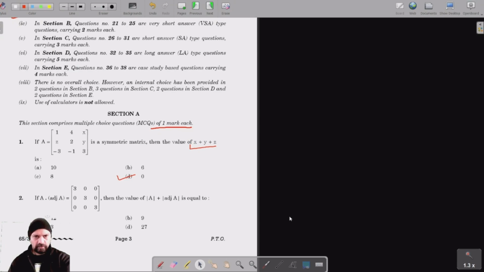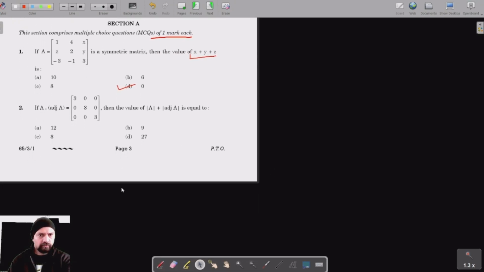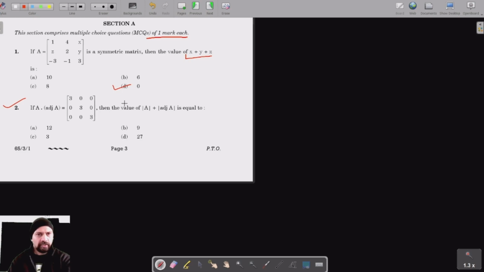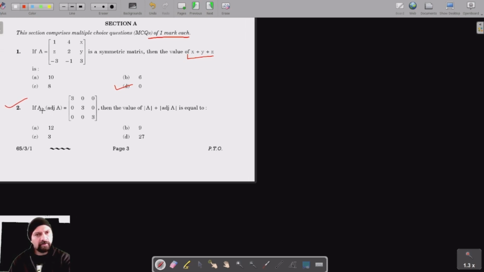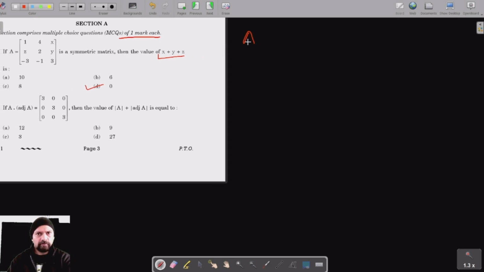We are on question number 2 of section A, and the product of A and adjoint A is given. We have to find the value of determinant of A plus determinant of adjoint A. Now A into adjoint A is given, which is 3, 0, 0, 0, 3, 0, 0, 0, 3.